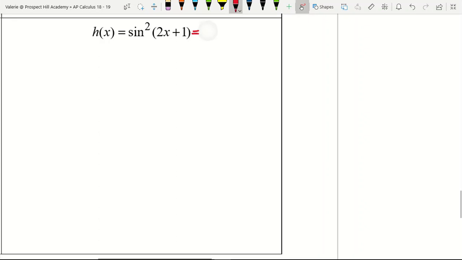So we have sine 2x plus 1 squared. Okay, so we have two inner functions in this problem. So we need to figure out how many generations of mamas and babies are we going to have.